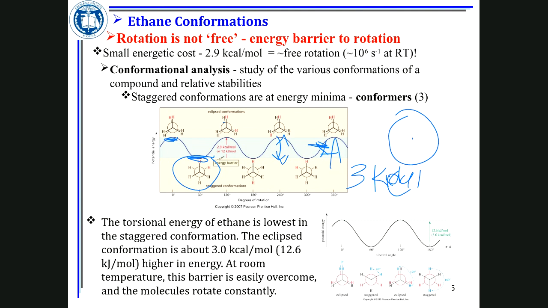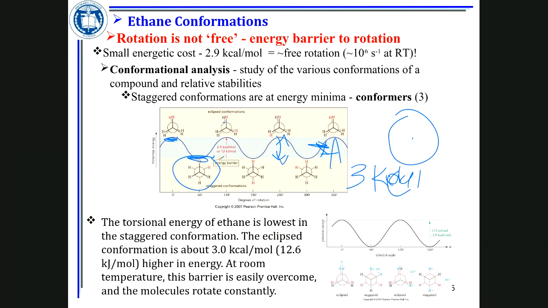You could see the hydrogens from the other carbon. And if you rotate slowly, the energy now is going to increase. The distance is decreasing. At this point is full coverage. It goes to eclipse. So by rotation, again, we are going from eclipse to staggered, from eclipse to staggered.